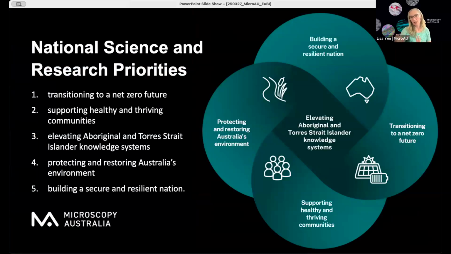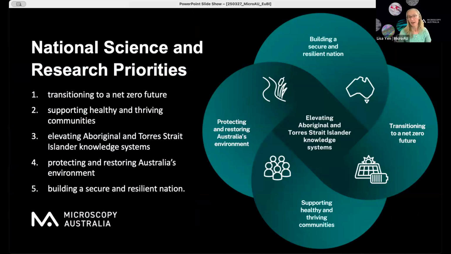So I did say I wanted to touch a little bit on the Australian context. Australia has a policy or priority statement regarding science and research. This was redeveloped just last year and released. What they really wanted to capture was the overlapping and connected nature of some of the challenges and outcomes that are relevant for Australia.